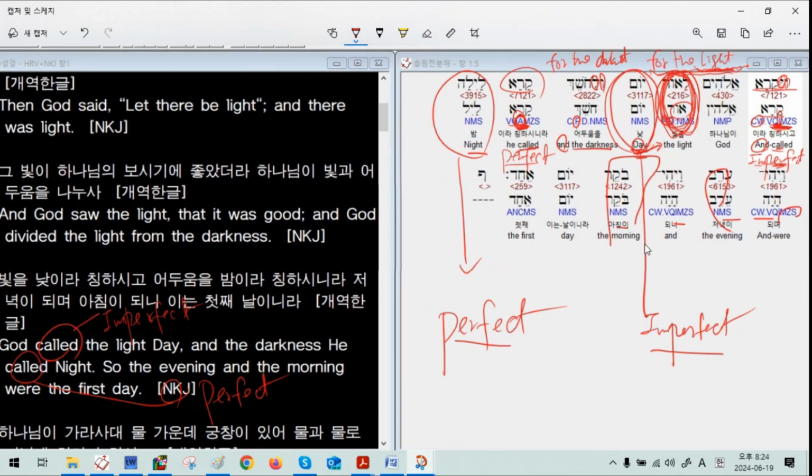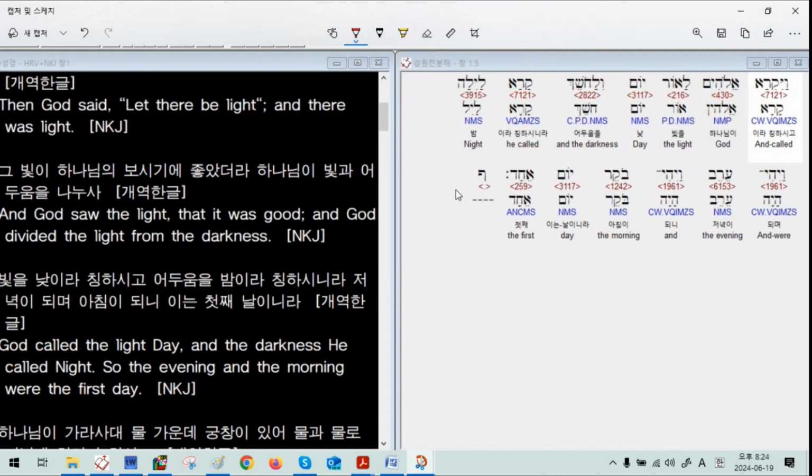Evening begins, morning begins. Both of them are what? Imperfect status. You see here, vayehi, right? Evening, I said, is the starting point, right? Evening exists imperfect. Morning exists imperfect. This is all the verb 'to be'.